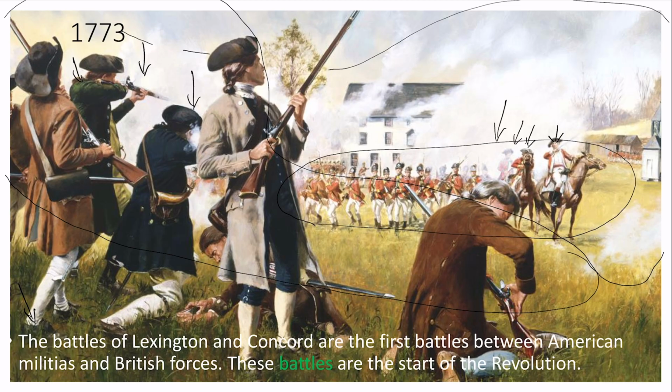Let's read. The battles of Lexington and Concord are the first battles between American militias and British forces. These battles are the start of the American Revolution. Okay? So look, here in the upper left-hand corner of our portrait, we can see that this happens in the year 1773. So in 1773, the battles of Lexington and Concord are fought.